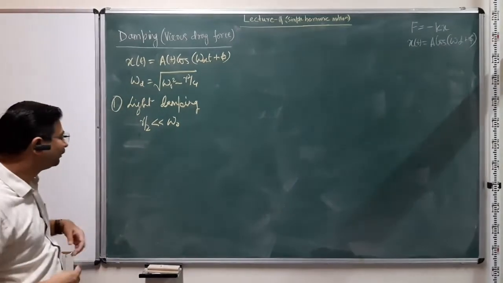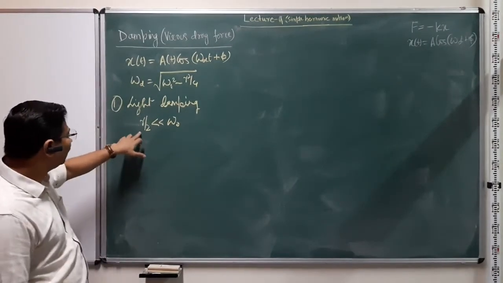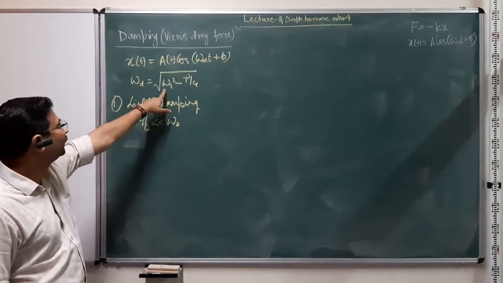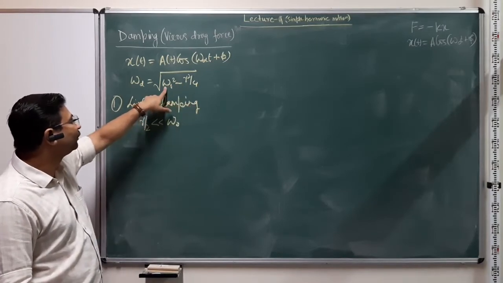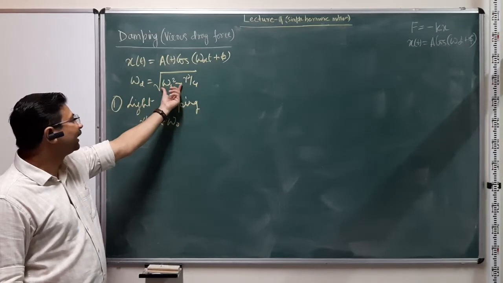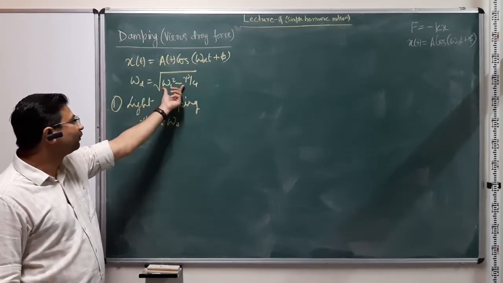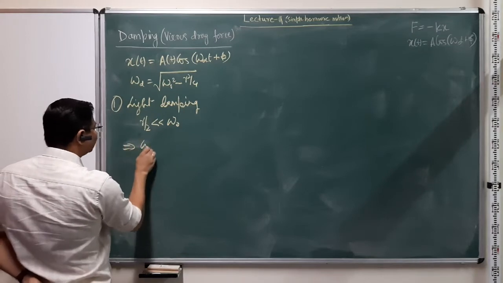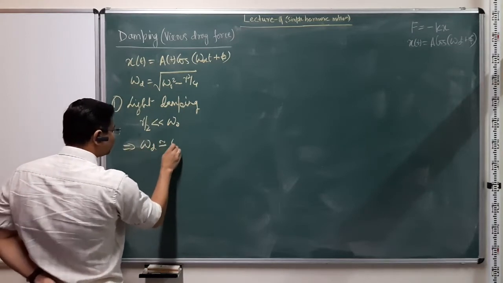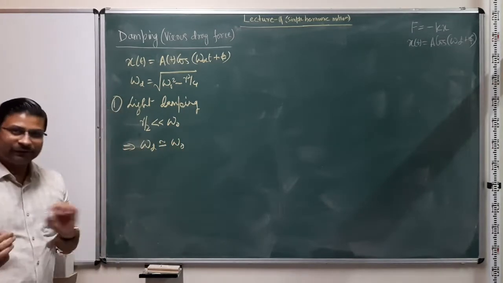So in a very weakly damped system, if gamma by 2 is much less than omega naught, then this term, because this is much smaller than omega naught square, is very, very close to omega naught. This will imply that omega d is basically omega naught, with a very small difference.